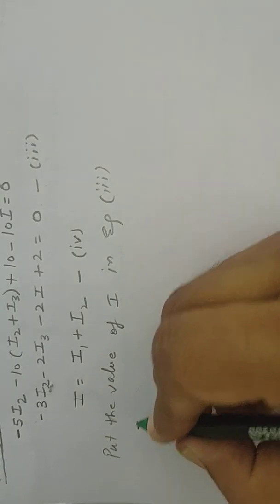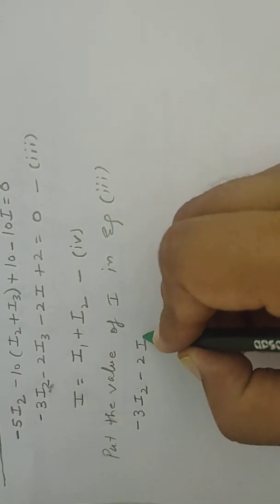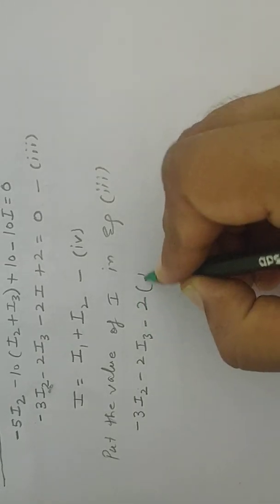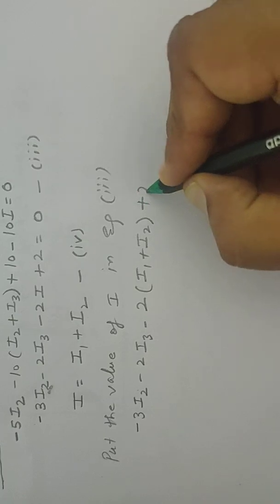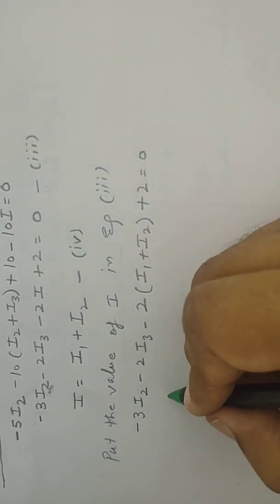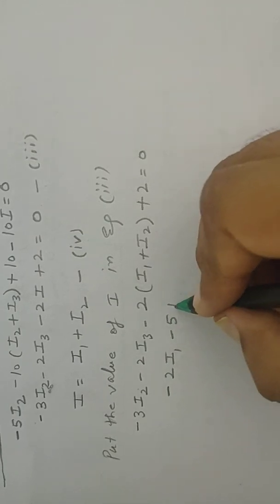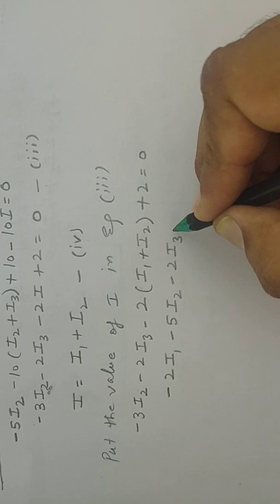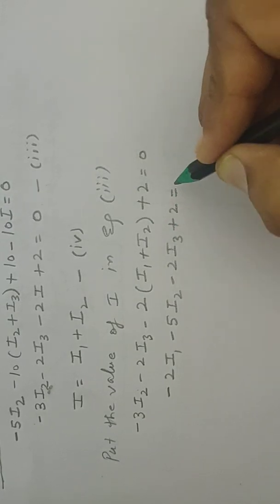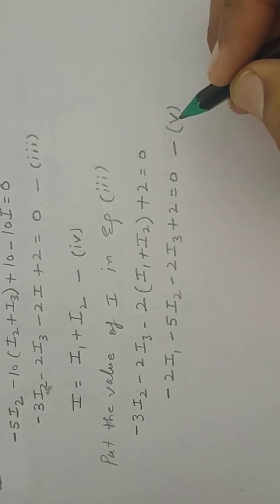We get minus 3 I2 minus 2 I3 minus 2 times I1 plus I2 plus 2 equal to 0, or minus 2 I1 minus 5 I2 minus 2 I3 plus 2 equal to 0. This is the equation number 5.